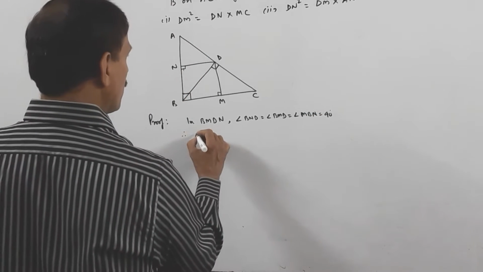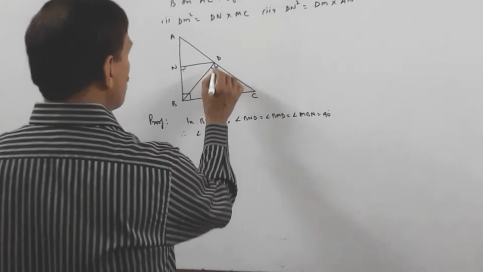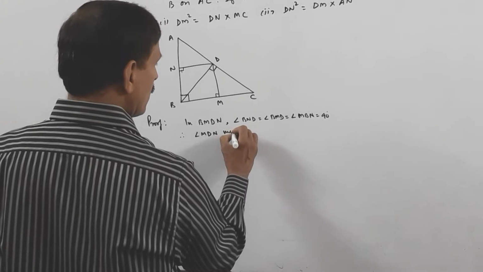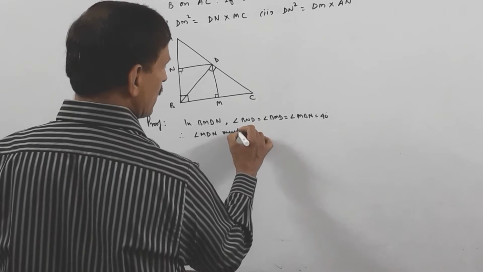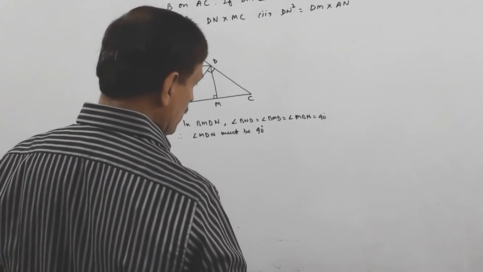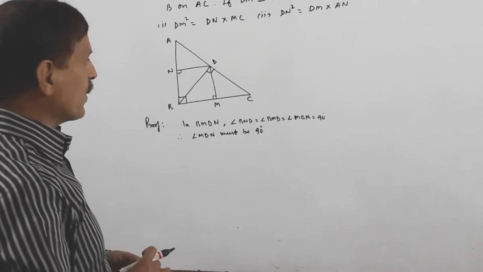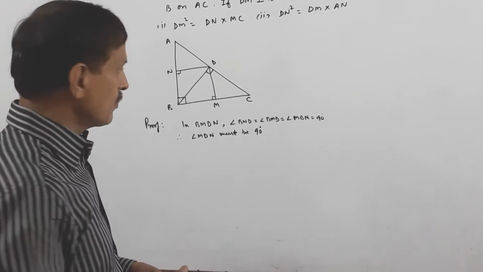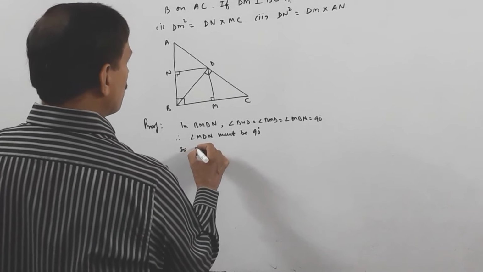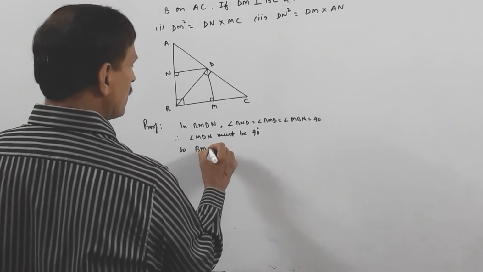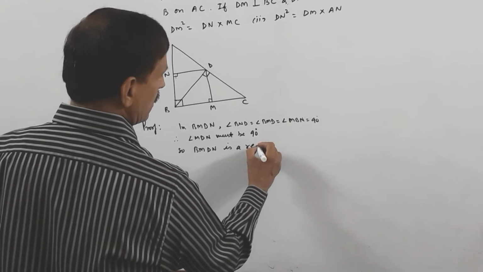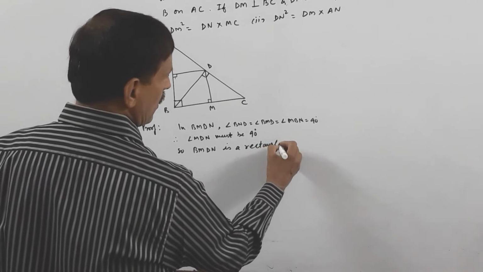Therefore, angle MDN must be 90 degree, because the fourth angle is bound to be 90 degree, as the sum of the angles of a quadrilateral is 360 degree. So all four angles are 90. So BMDN is a rectangle.